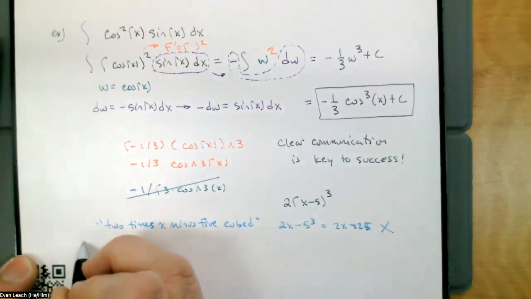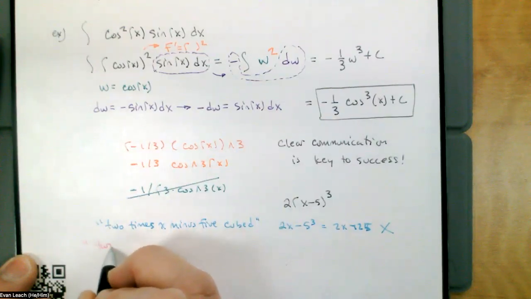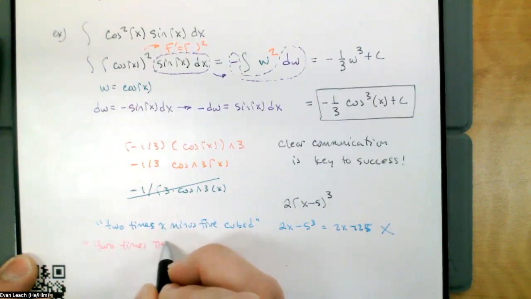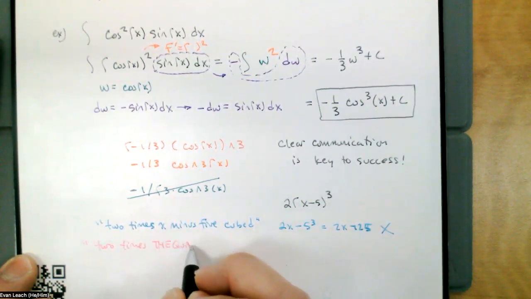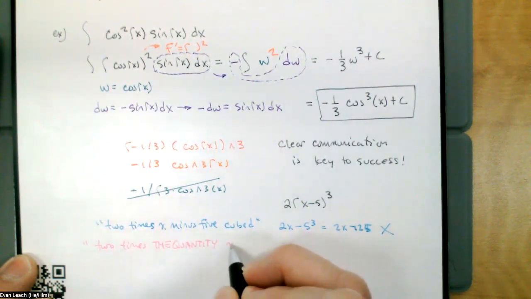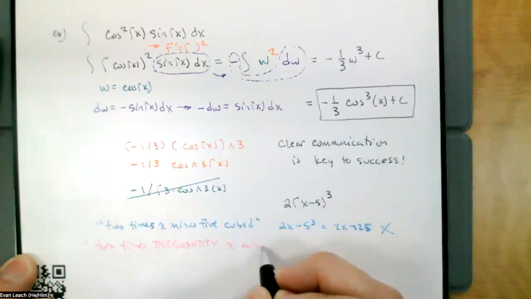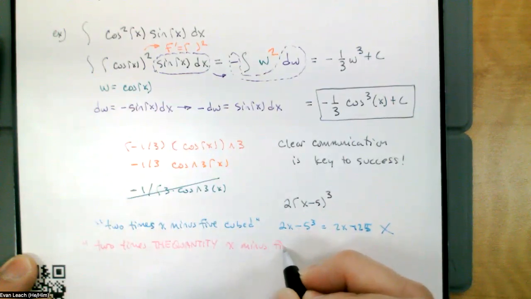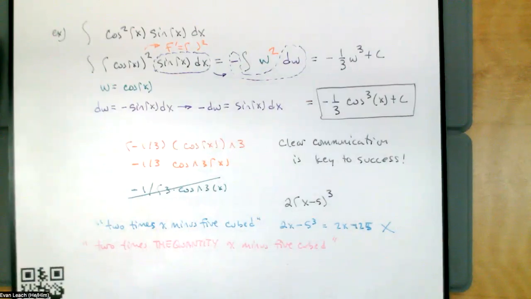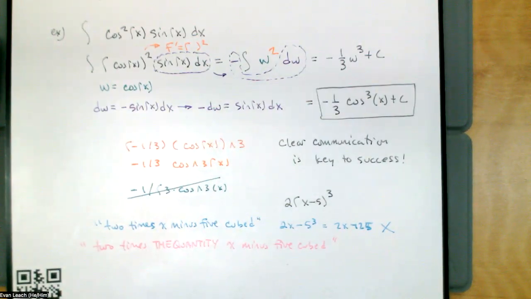But even if you're like, 2 times the quantity, there's nothing in this expression that says anything different from the previous one, only you just think you sound fancy because you're like, the quantity, but you don't.